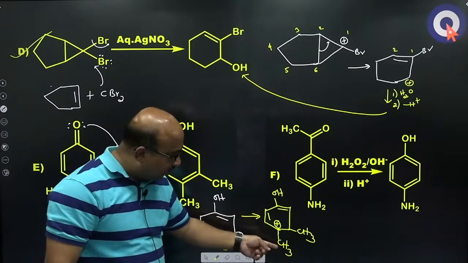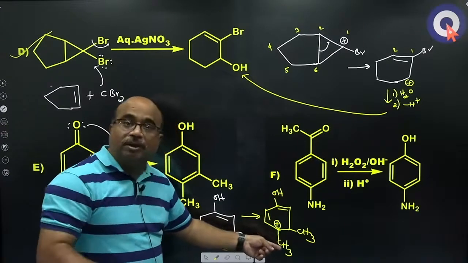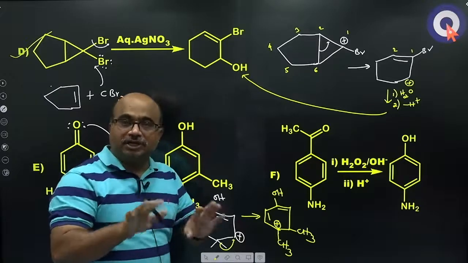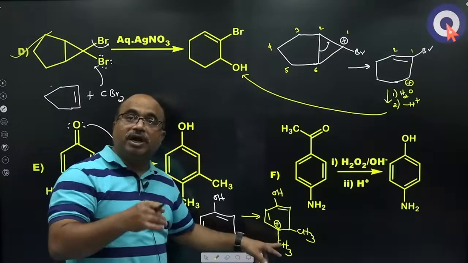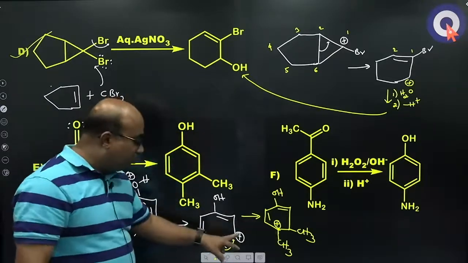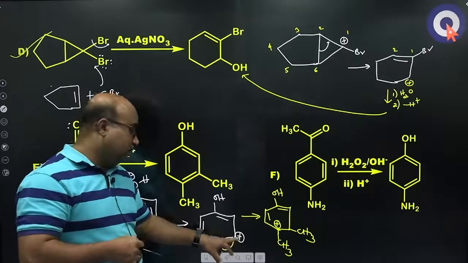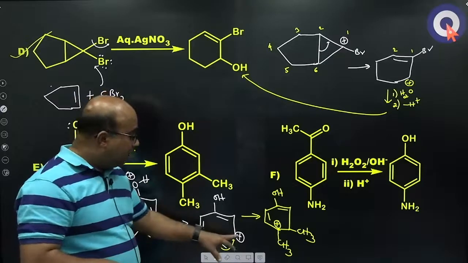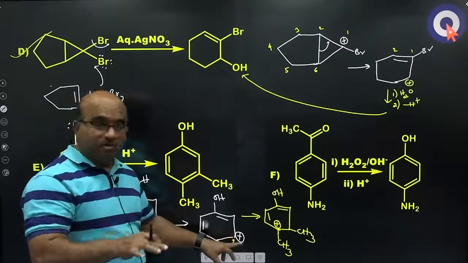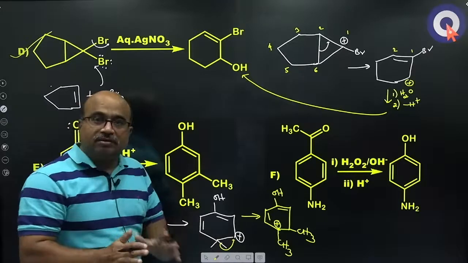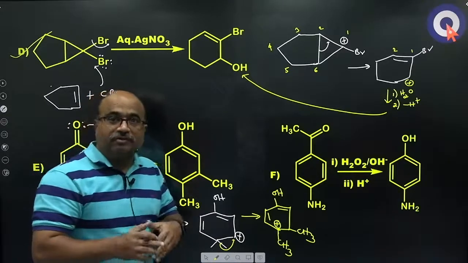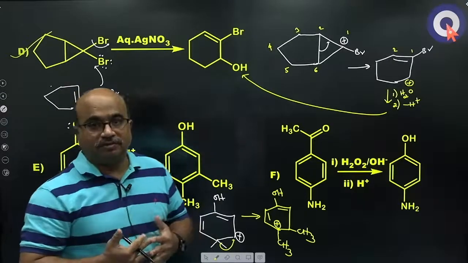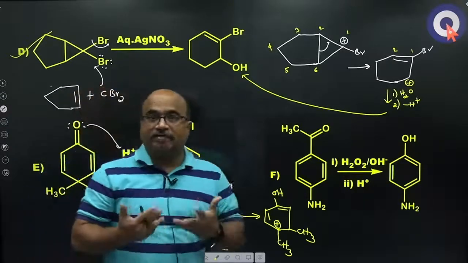This methyl group also acts as a plus I effect group as well as a hyperconjugation effect group. So there are three hyperconjugatable hydrogens here. In the earlier case, there were no hyperconjugatable hydrogens. Extended conjugation was there, but the number of hyperconjugatable hydrogens was 0. Inductive effect groups might be there, but the inductive effect will not stabilize much compared to hyperconjugation. So the resonance effect is the dominating effect.